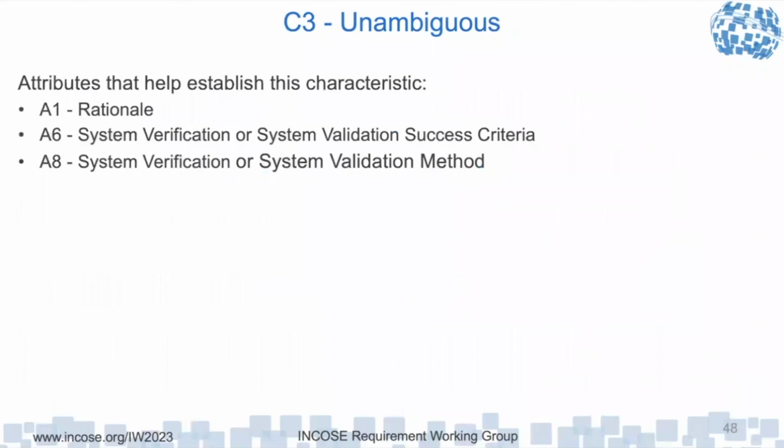We do have another attribute titled other information that you can use if you want to. But we don't advise you to have a shall statement, period, and then immediately include another sentence with it. You don't want to have 3 sentences called out as a requirement when only the first sentence shows up.